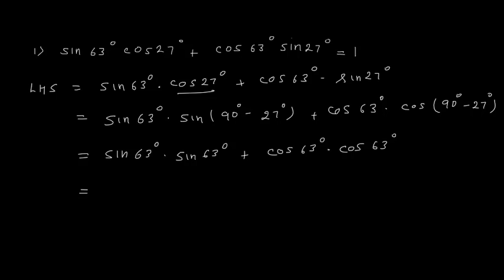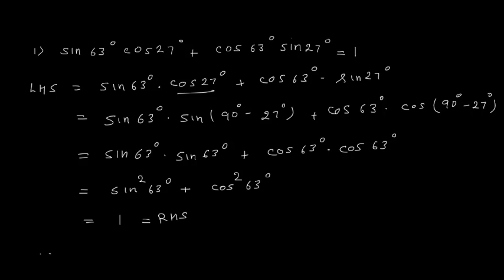So this is sin square 63 plus cos square 63 degree. Sin square theta plus cos square theta is 1, which is the right hand side.